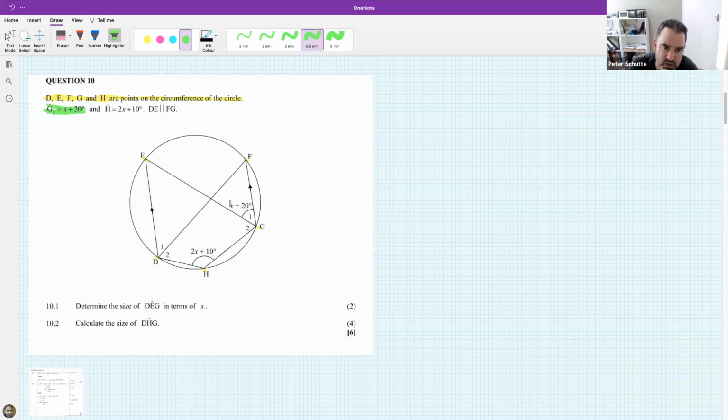Now, where is G1? Oh, here we go. G1 is over here. And we're also told that H is 2x plus 10, which is down here. We're also told that DE is parallel to FG. So here is DE, and here's FG.